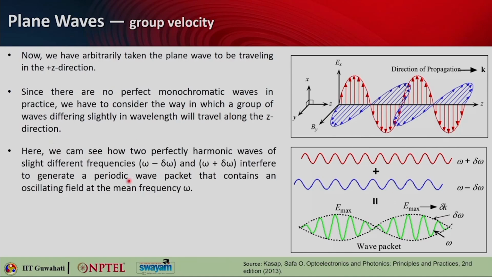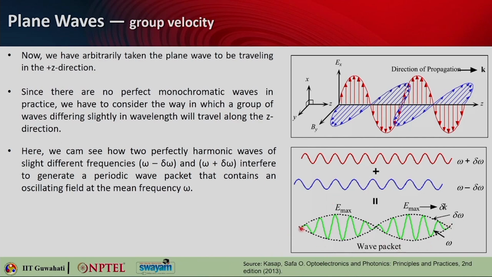You can think in terms of frequency and say that two perfectly harmonic waves with slightly different frequency, one with omega minus delta omega, another with frequency of omega plus delta omega, propagate together and they interfere and generate a periodic wave packet which contains an oscillating field at the mean frequency omega.